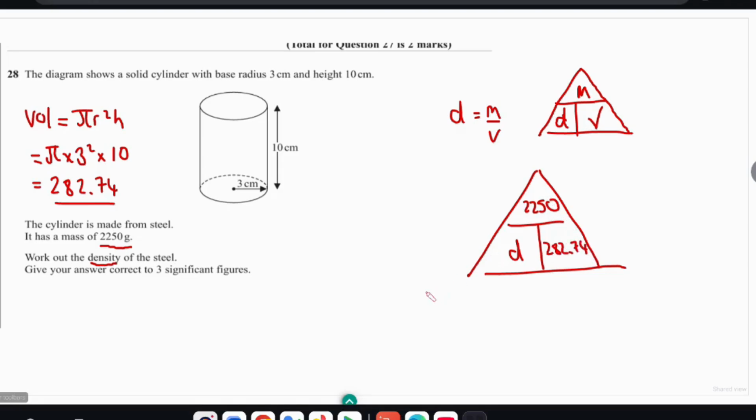One's above the other, so we divide. 2,250 divided by 282.74 gives you a density of 7.96 to 3 significant figures. Grams per centimetres cubed.